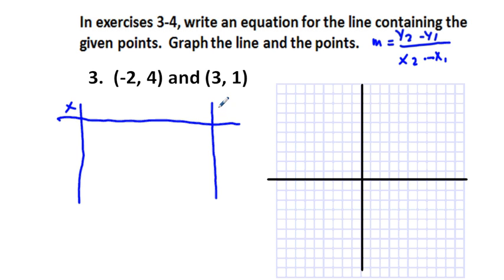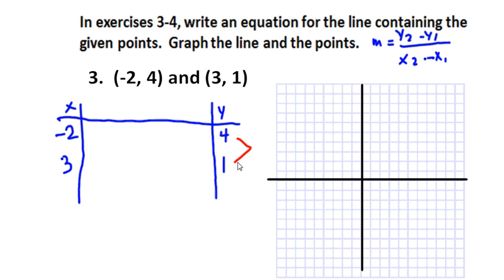X, Y. So it's just like a table, but with some room in between to do some figuring. So we have -2 under x, 4 under y, and then our next point is 3 under x, 1 under y.